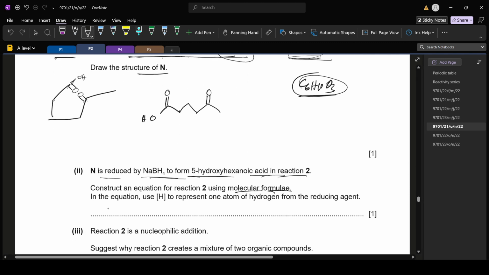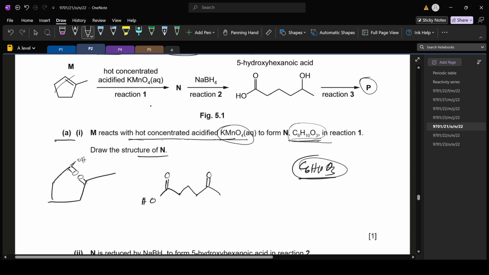The molecular formula of N is C6H10O3. It will react with a reducing agent. In the equation, use H to represent one atom of hydrogen from the reducing agent. So this will form 5-hydroxyhexanoic acid.